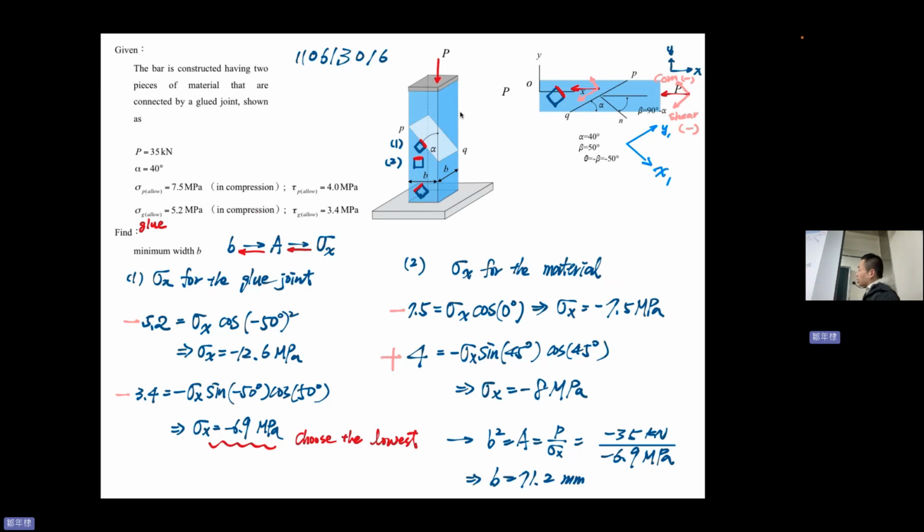So the length of your cross section cannot be lower than 71.2 millimeter. Otherwise, you may have glue joint shear failure. Okay, glue joint shear failure, because this is the smallest value you cannot exceed.